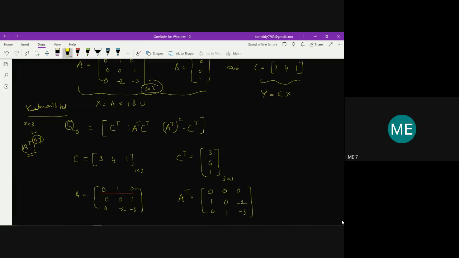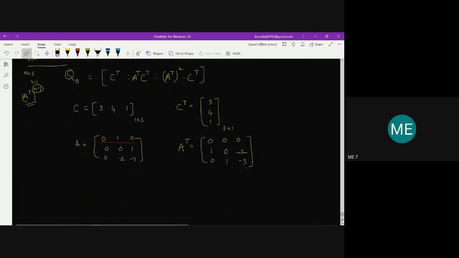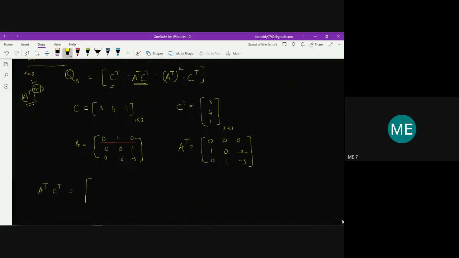Now we need to calculate the A transpose into C transpose. So A transpose into C transpose is equal to 0, 0, 0; 1, 0, minus 2; 0, 1, minus 3, where C transpose is nothing but 3, 4, 1.